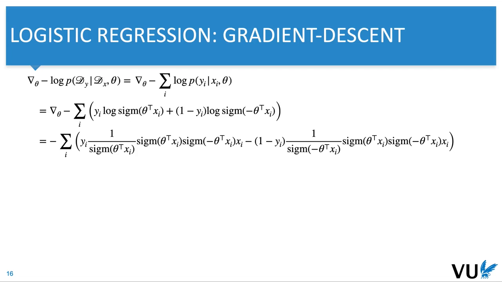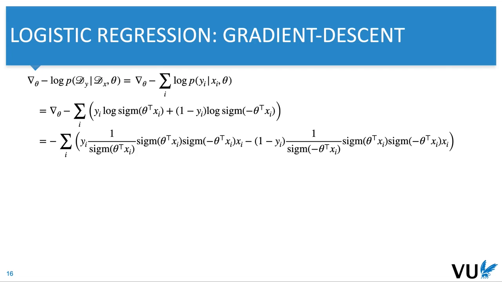So, of course, here we have a more complicated gradient, because we need to calculate the gradient of log. So log is 1 divided by something, and this is 1 divided by sigmoid, and then we multiply by the gradient of sigmoid, and the gradient of sigmoid is sigmoid times 1 minus sigmoid, and again we use the property that 1 minus sigmoid is sigmoid of the negative argument.